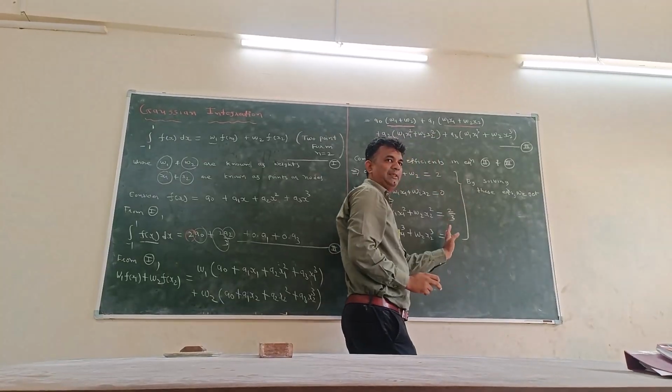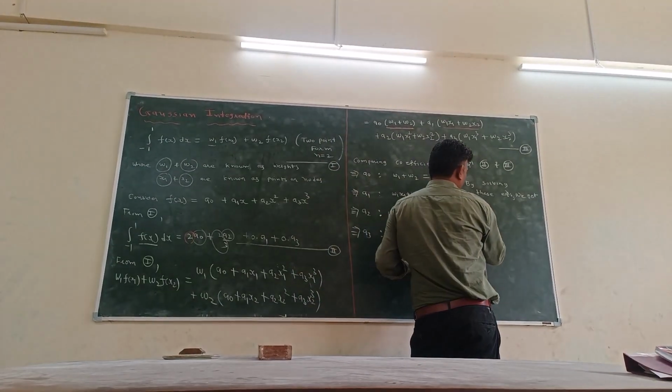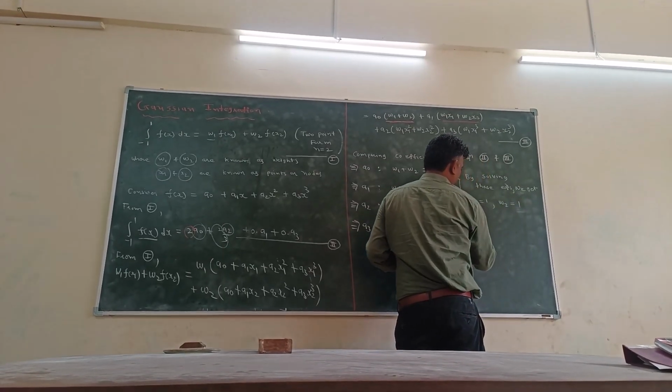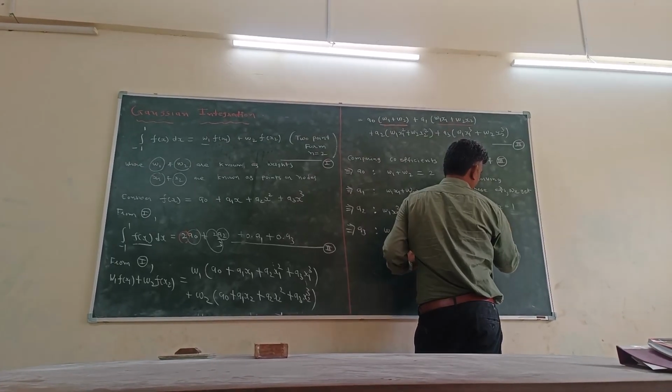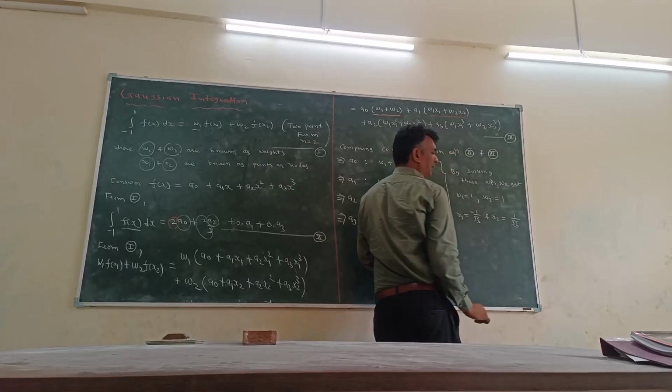Just you have to solve this. In homework you can solve. So W1 is equal to 1, W2 equal to 1. x1 is equal to minus 1 by root 3 and x2 is equal to plus 1 by root 3.